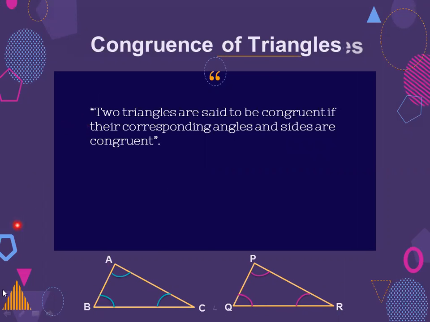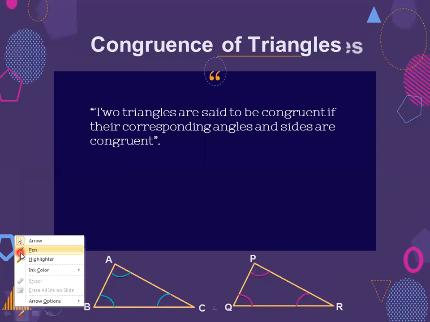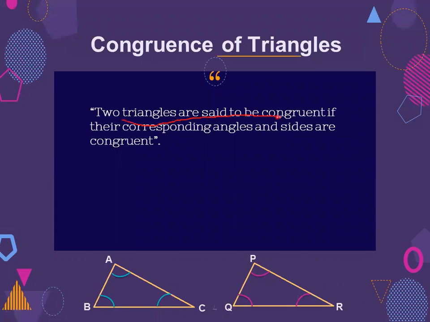Here we are talking about two triangles. Two triangles are said to be congruent if their corresponding angles and corresponding sides are congruent. What are corresponding angles here? The corresponding angles are A and P, B and Q, and C and R. What are corresponding sides?